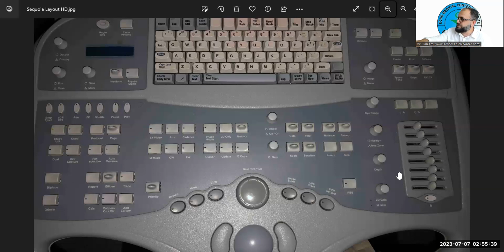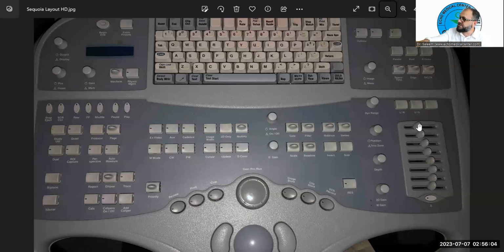Now, the difference between the use of the 2D gain and the TGC is that 2D gain will make the entire picture equally brighter, if you want to make it brighter, or darker if you turn it to the left. So all the dots, the echoes which are coming back, will receive the same amount of amplification in this case for the 2D gain.